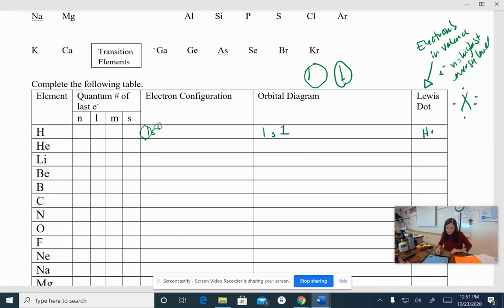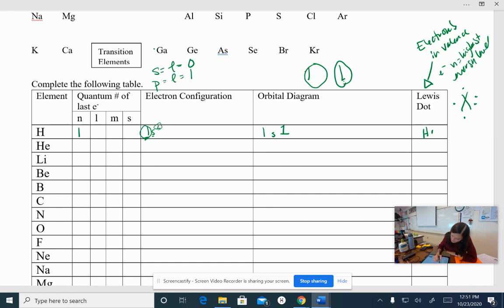orbitals. Okay? Now, in terms of the quantum numbers, our energy level was 1 for that electron that we just put in. It was in an s orbital. So remember, s means L is 0. If I put it in a p orbital, that means L is 1.